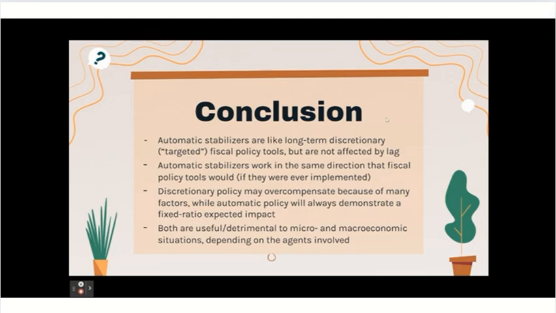One other thing to note is that the automatic stabilizers are a good indicator of the health of an economy, because if you consider the government spending automatic stabilizers like welfare, government spending on welfare decreases because the economy is doing good. There's less people that need it.